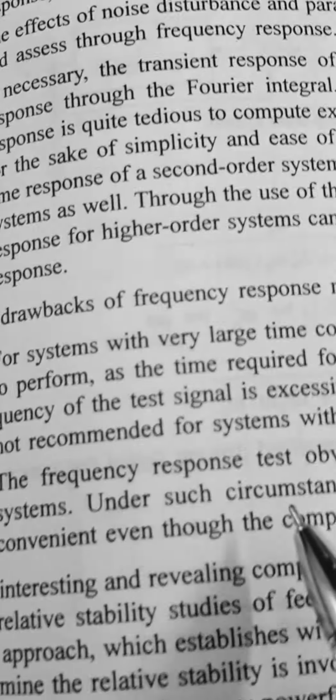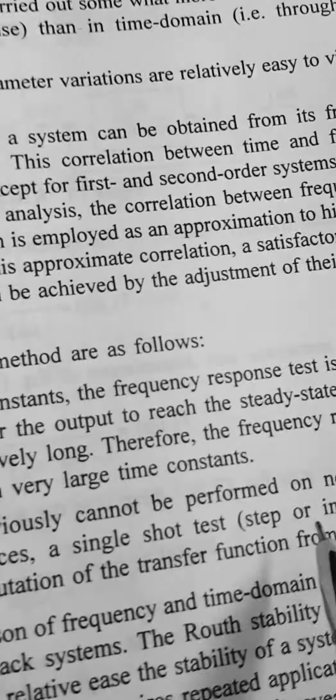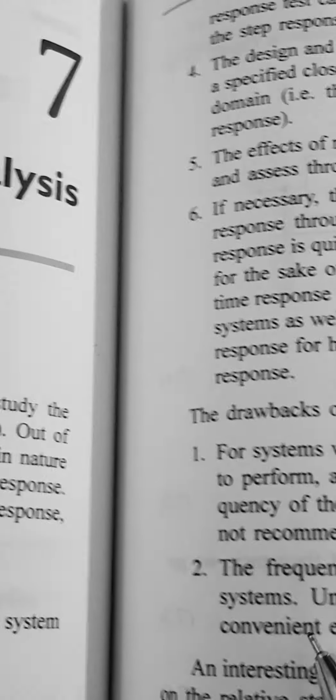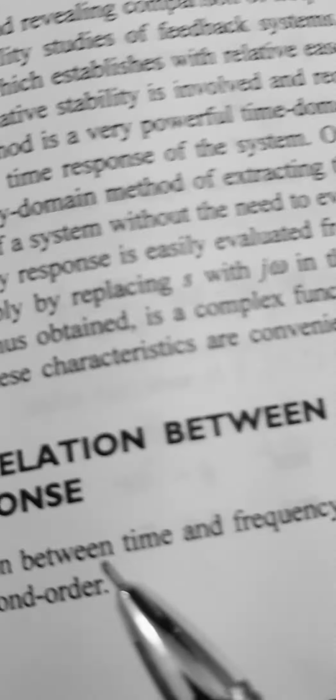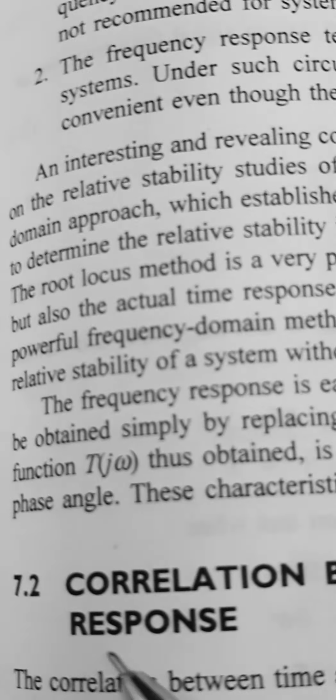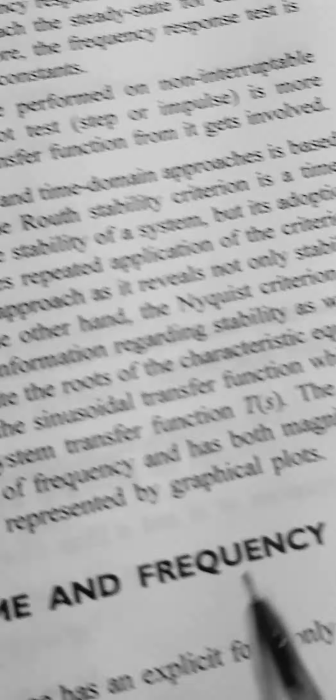Then, the frequency response test obviously cannot be performed on a non-interruptible system. So these are the drawbacks. Now we will come to our exact topic under the syllabus: correlation between time and frequency response.